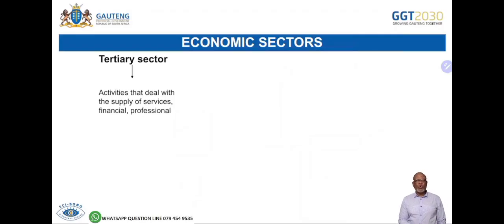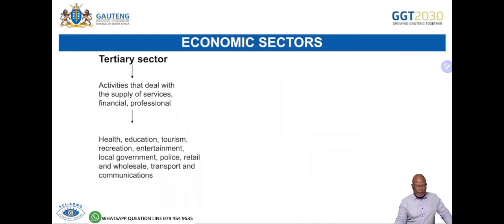It could be you go to the shop, you buy. It could be you go to the doctor, you get healed. It could be you get into a taxi that takes you from point A to point B. That is a service that you have received. You can receive electricity services, you can receive financial services, or any other professional service that can be given to you.